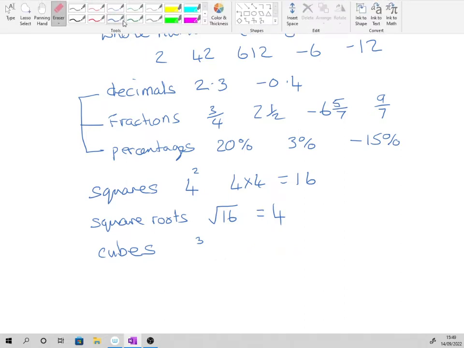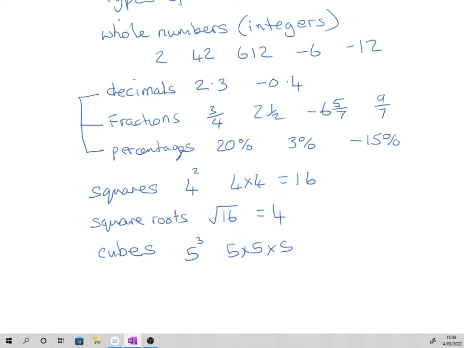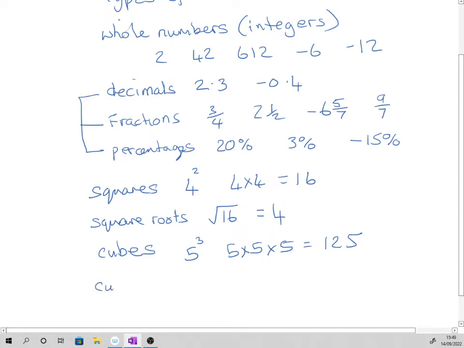So we've got 5. So it's the big number multiplied by itself 3 times, and that equals 125. So 5 cubed is equal to 125, and go the other way around, the cube root.